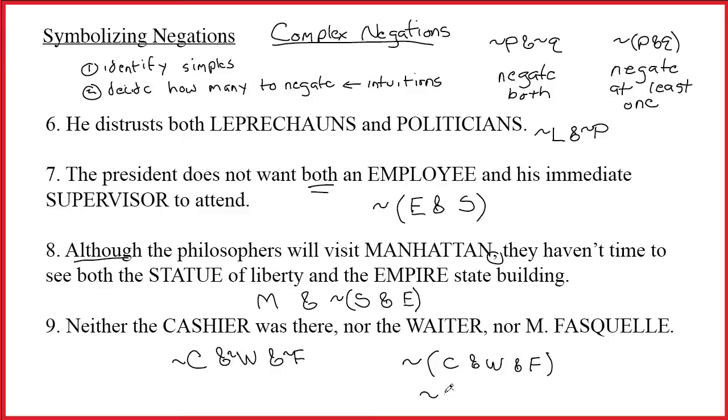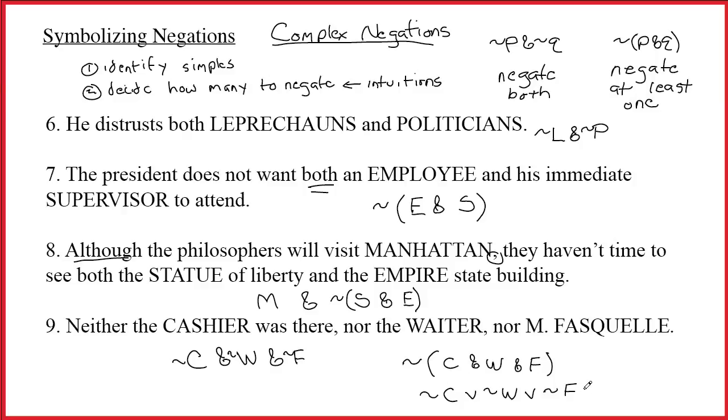Now, don't think about this if it's going to confuse you, but it turns out that these two formulas are equivalent to each other. The wedge means or, and we won't see it officially until the third test, but what this sentence is saying is either the cashier wasn't there, or the waiter wasn't there, or Fasquelle wasn't there. And they're equivalent to each other.